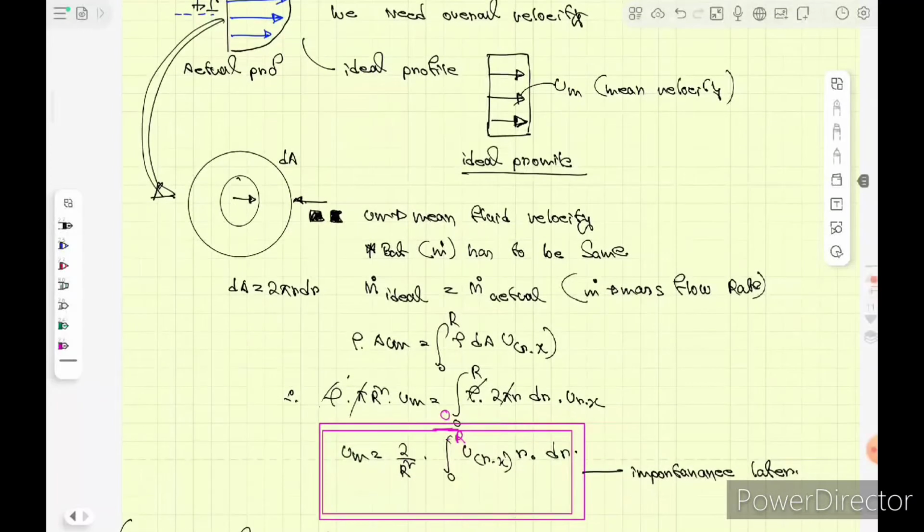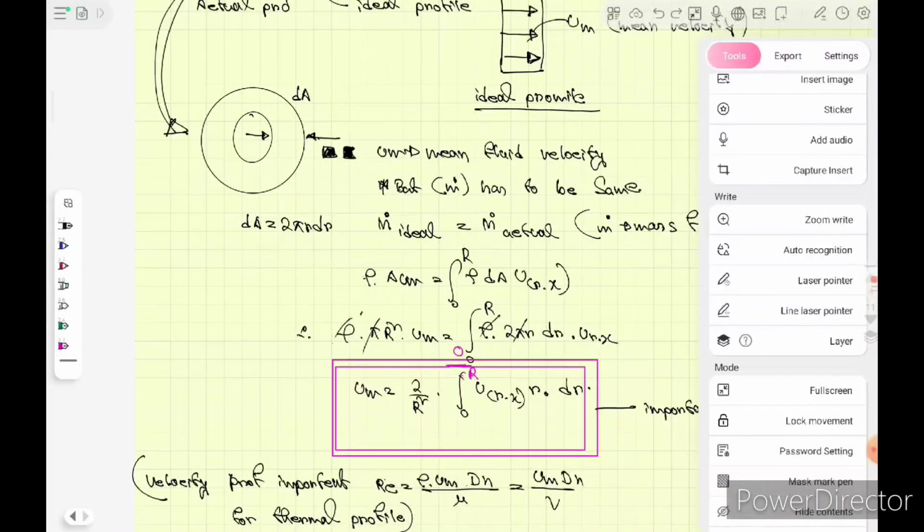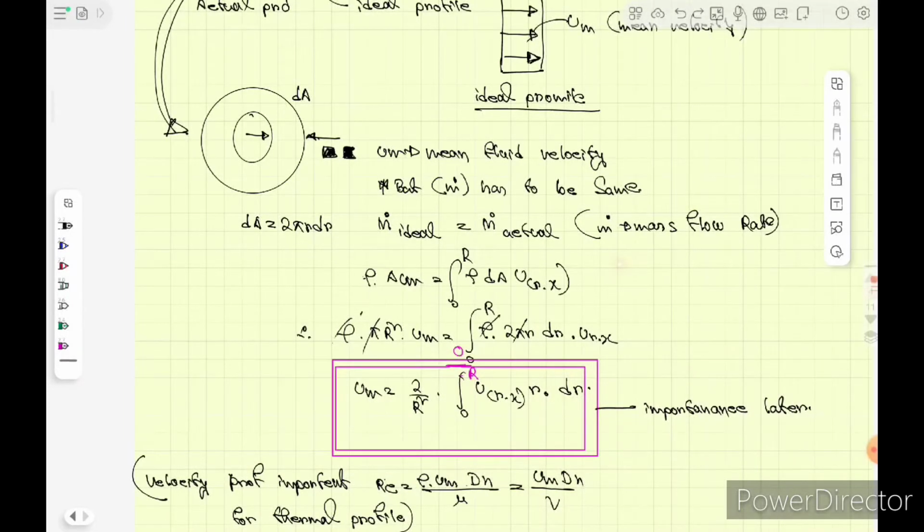So actual equals ideal, that's why we equate them, and then rho into A into V, here integrated from 0 to R for the whole region. Now we have to consider rho dA into Vx, then we just open it up and get this.